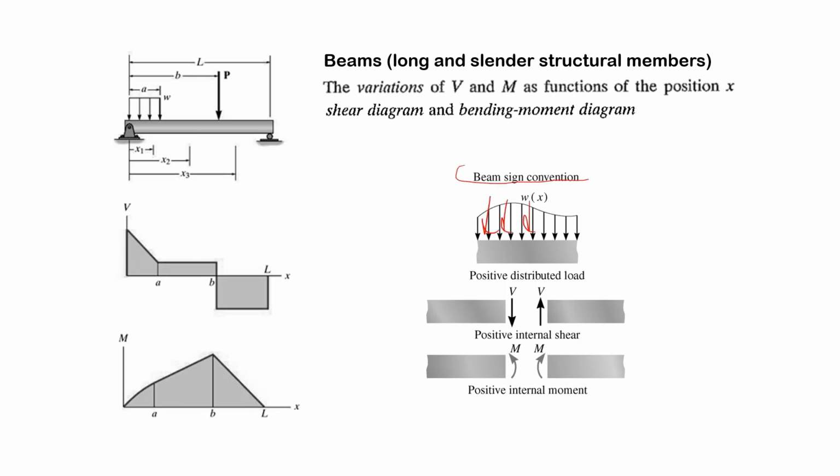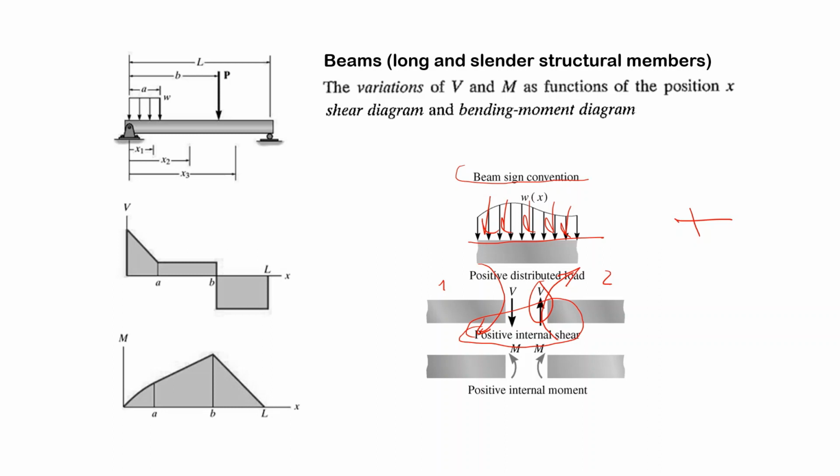Distributed forces towards the beam surface are positive. If you have internal shear forces, if these forces try to rotate the section clockwise, like here and here, these loads are taken as positive.